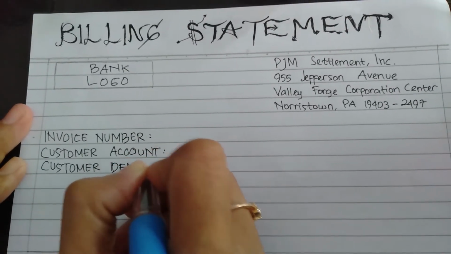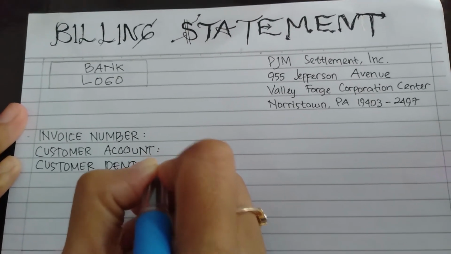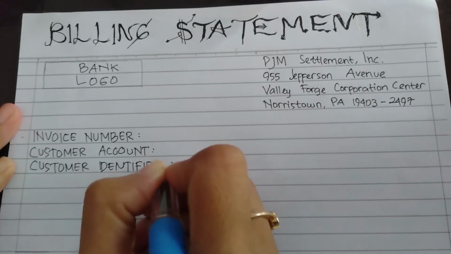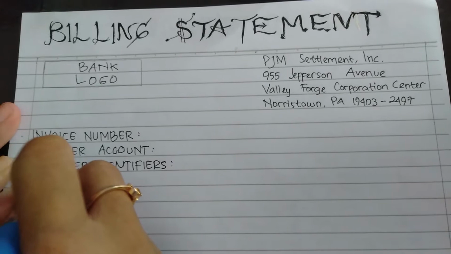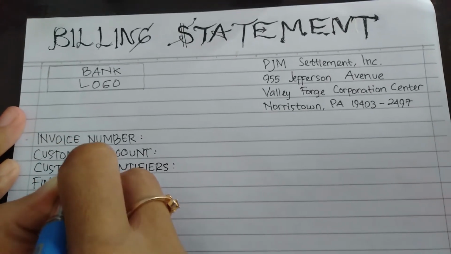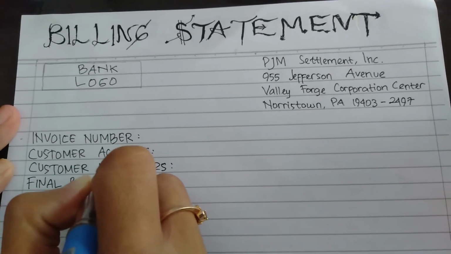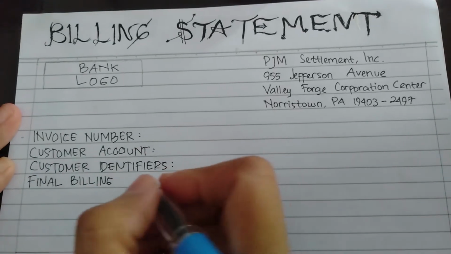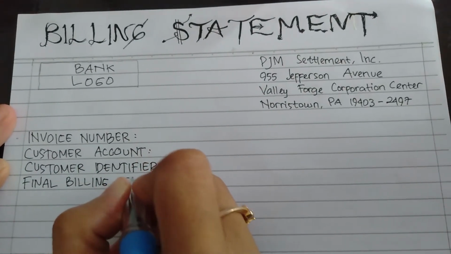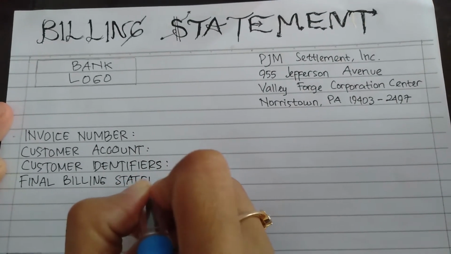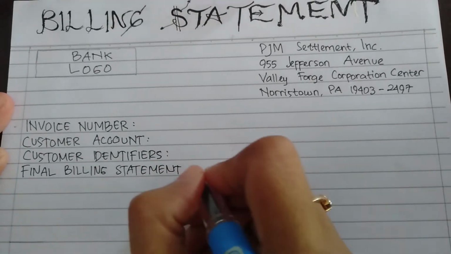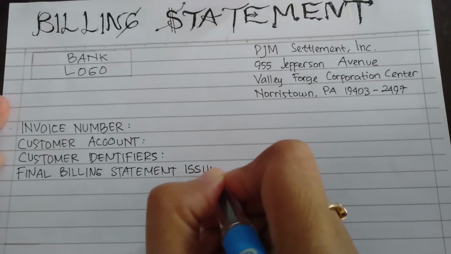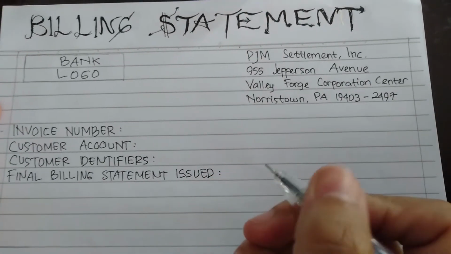The next one, you'll need to put down the customer identifiers. The next is the final billing statement issued. After that, you also need to write down the billing period.